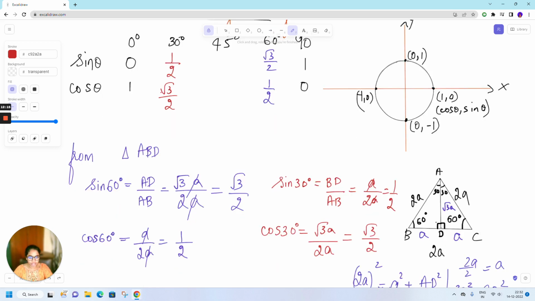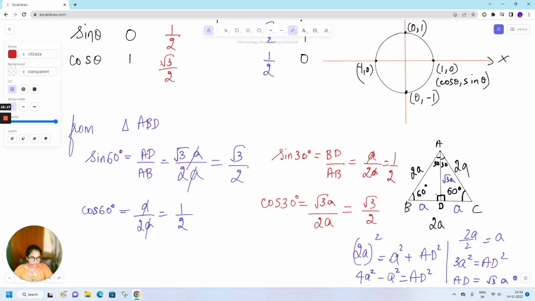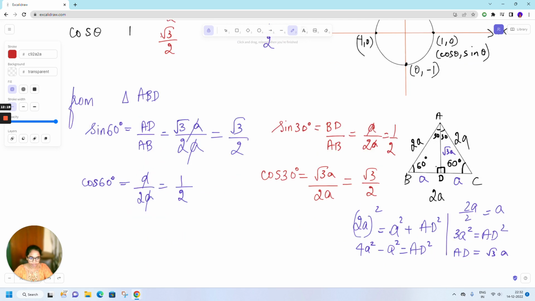Okay. So yes, I took an equilateral triangle ABC. I took all the sides as 2A, 2A and 2A. As you know, in an equilateral triangle, every angle is 60 degree. I drew a perpendicular AD to the side BC.